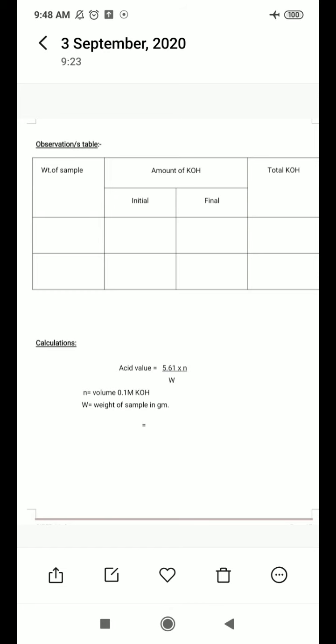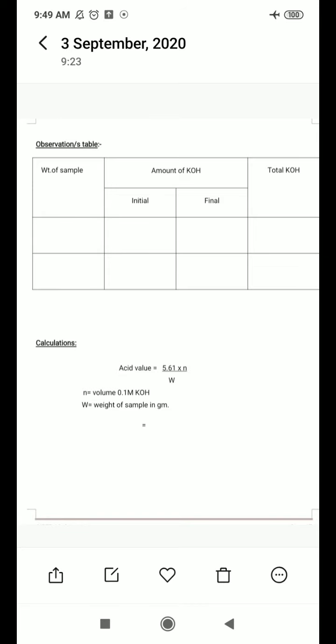Then what is the formula for calculation? Acid value is equal to 5.61 into n, divided by W. Here 5.61 is the standard value, n is the volume of 0.1 molar KOH, and W is the weight of sample in gram. In this case, 15 means 5.61 into 15 divided by the weight of sample.